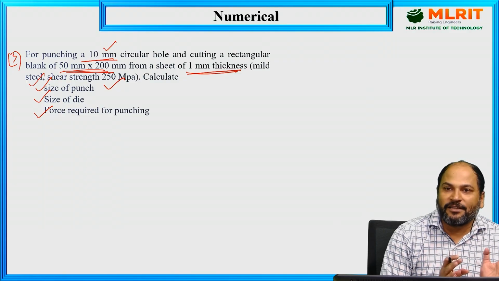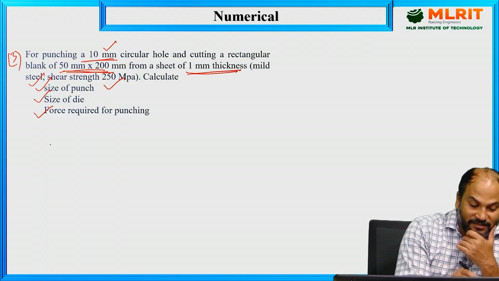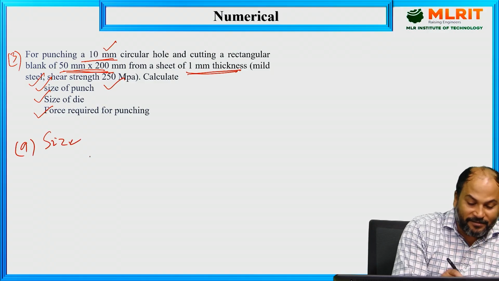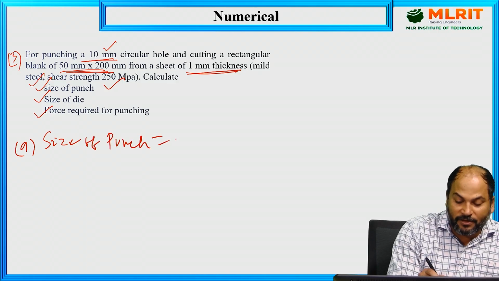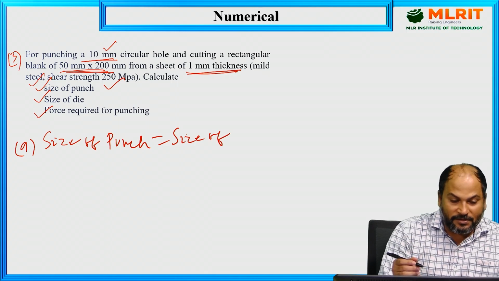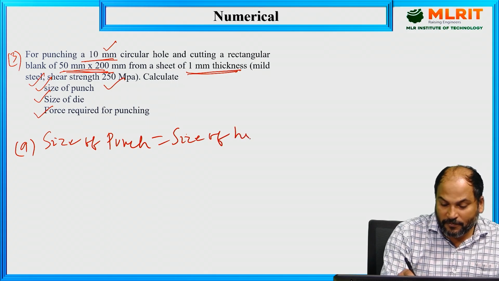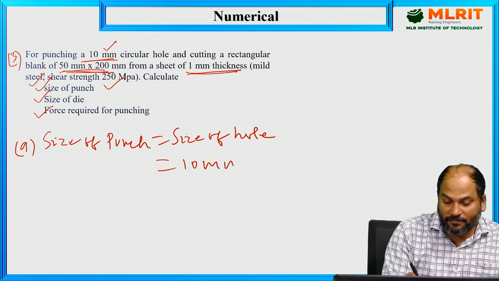What is the size of the hole? It's already given, 10 mm. So the size of punch will be equal to the size of hole, and that is simply 10.